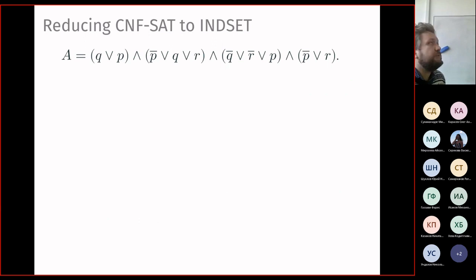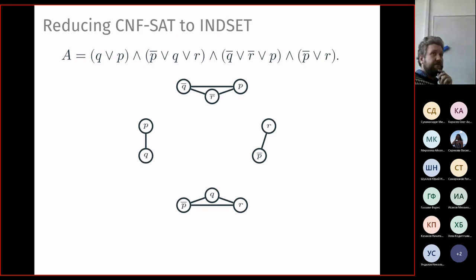So here is a CNF. It's a 3-CNF, but as I said, it's not that important. And how are we going to construct the graph? Here we have 4 clauses. For each clause, we introduce a clique of vertices, all interconnected with each other, like this.